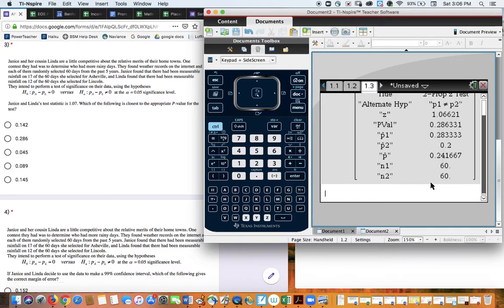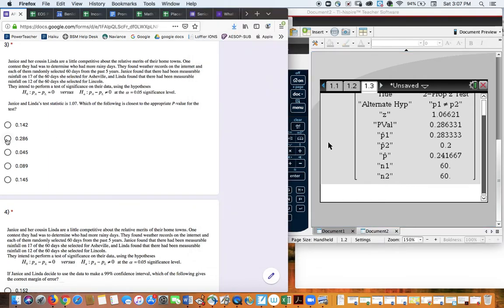I'm going to hit OK. In the problem it says the test statistic is 1.07. We can back that up because here's the z test statistic, 1.066, which would round to 1.07, so that looks good. And then here's your p-value of 0.0286. So I'm going to click that. That's the right answer for the p-value.